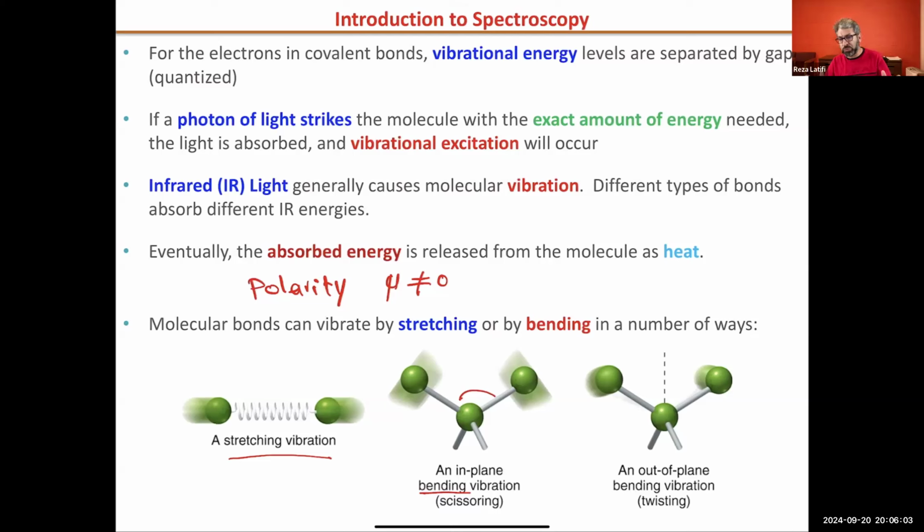So we have all those modes of vibration. All of them are possible. And each of them is going to ask for a specific amount of energy. In organic chemistry, we can use those tiny energies to characterize compounds.